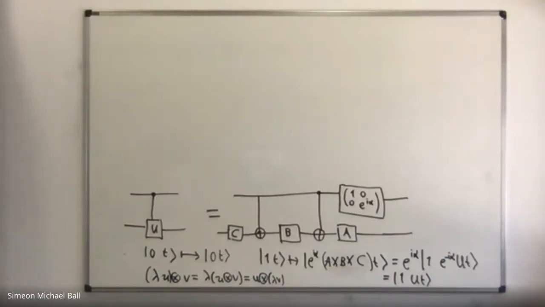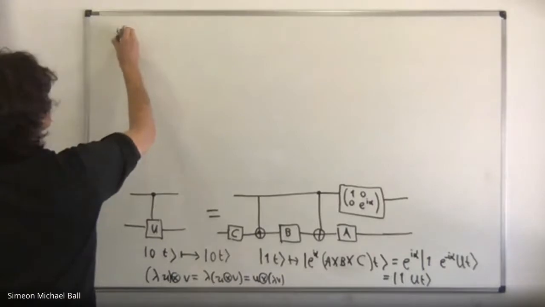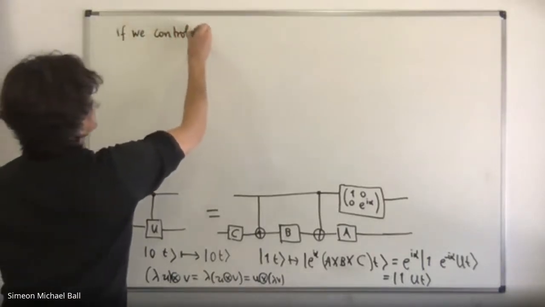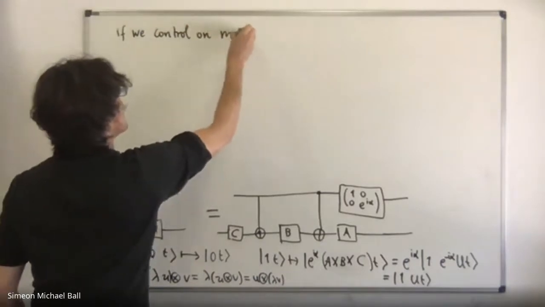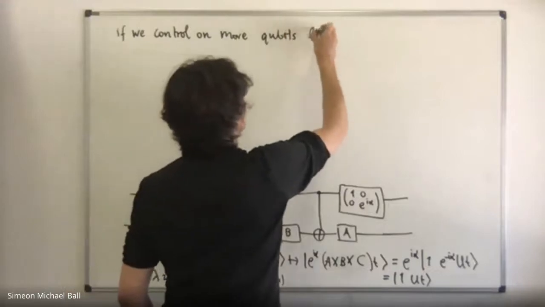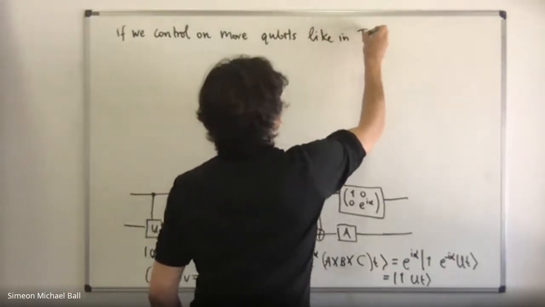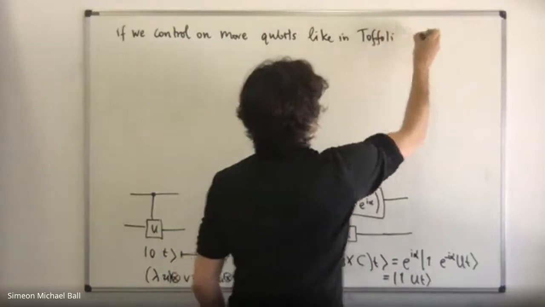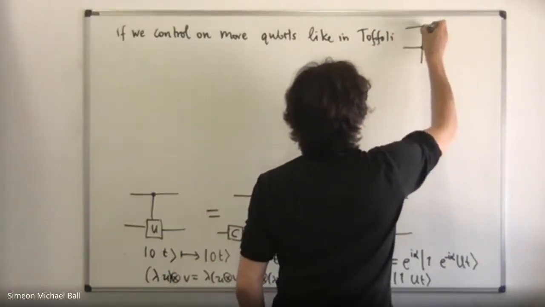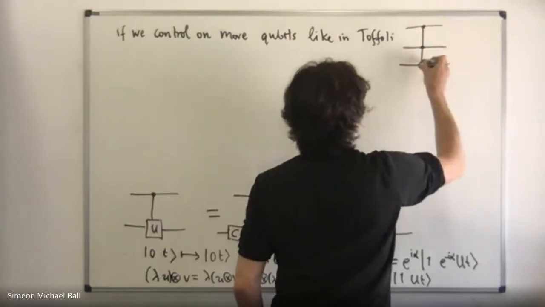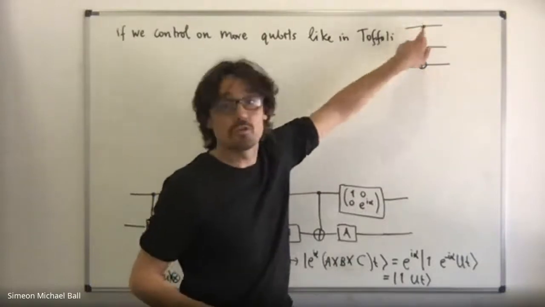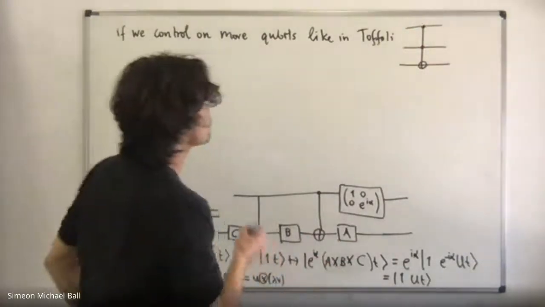So if we have control on more qubits, like in Toffoli. So remember the Toffoli, we only flip this last bit if both of these first two qubits are set. Okay, so that was the Toffoli gate.